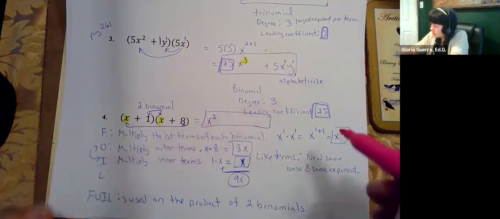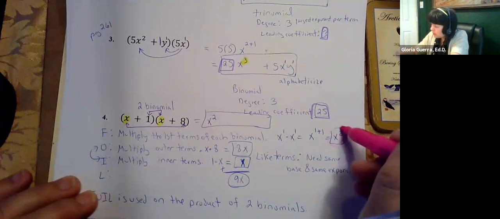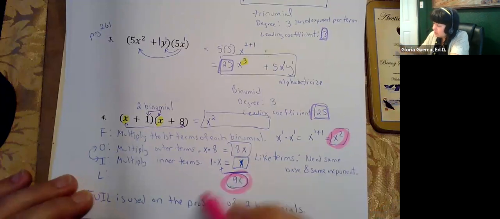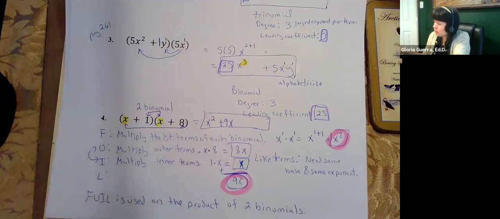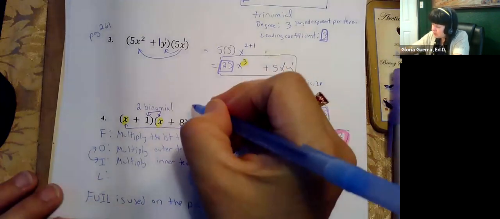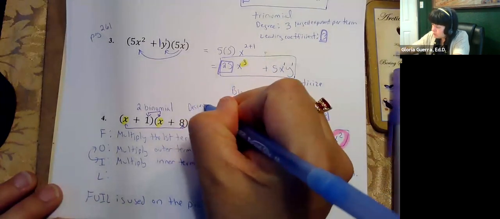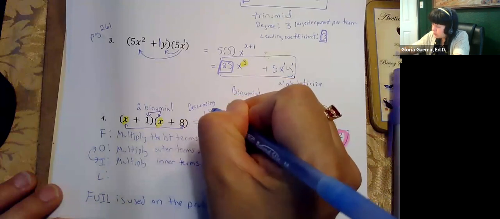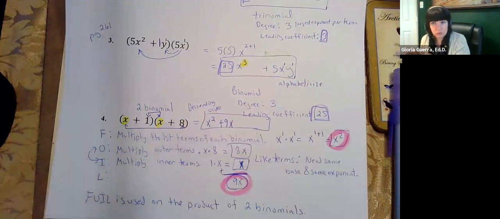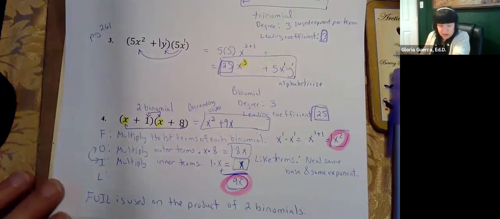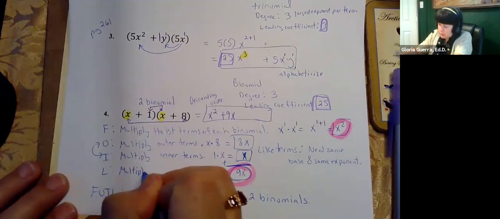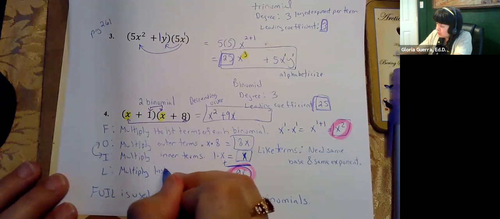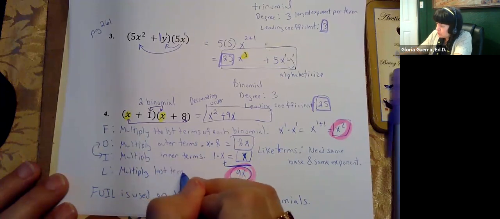You have this x squared, now you have this plus 9x. This is called descending order. So you have x squared and then x to the first power and then constants last. So L stands for multiplying the last terms.